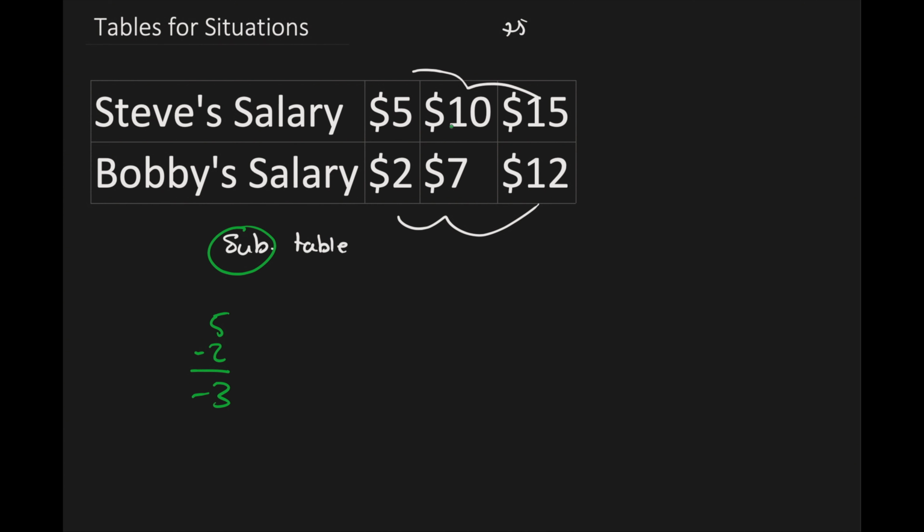Now let's double check with these two pairs. We have 10 minus 7. Let's check. So we regroup. It's 10 minus 7, so I guess it didn't help much, but it's 3. So it looks like it's minus 3. So the rule is minus 3.